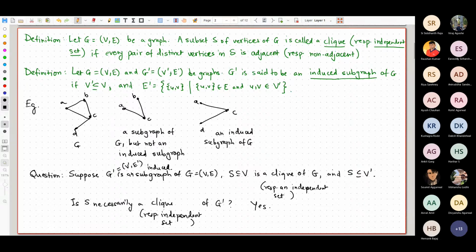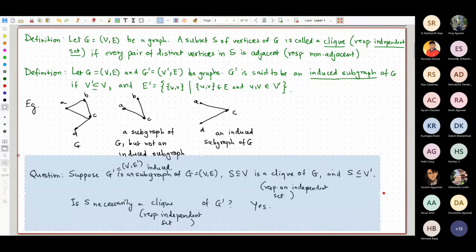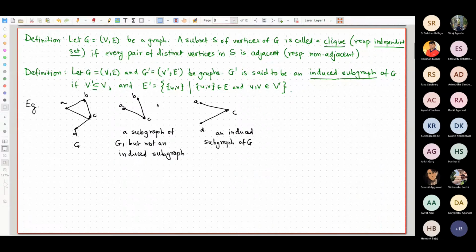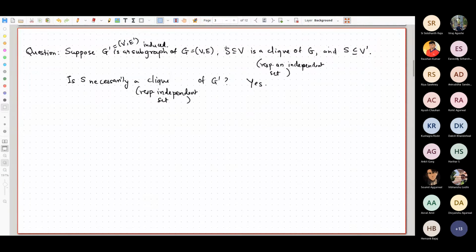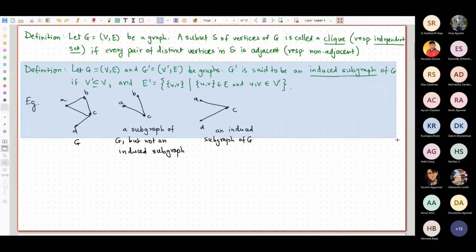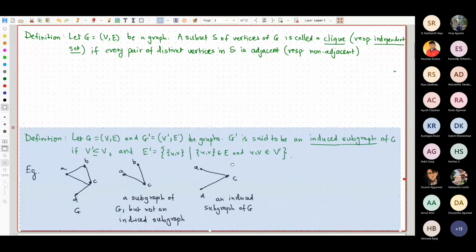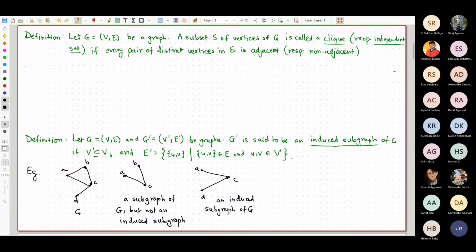So yes, in case of an induced subgraph. Okay, recall.